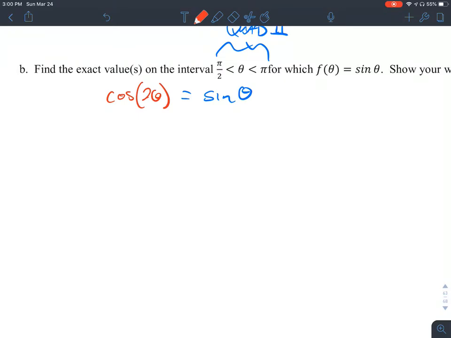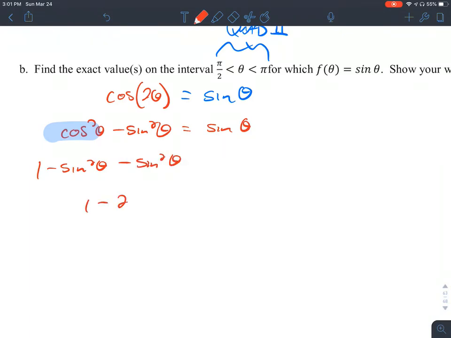I'm going to change cosine of 2 theta into cosine squared of theta minus sine squared of theta. And I'm going to further change cosine squared of theta into 1 minus sine squared of theta, which means this becomes 1 minus 2 times sine squared of theta.